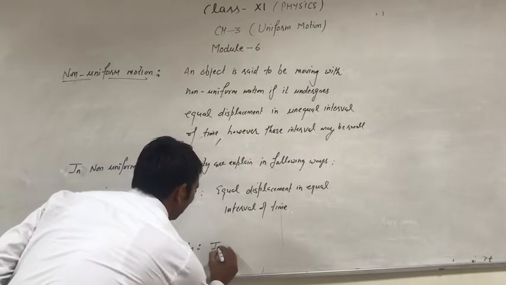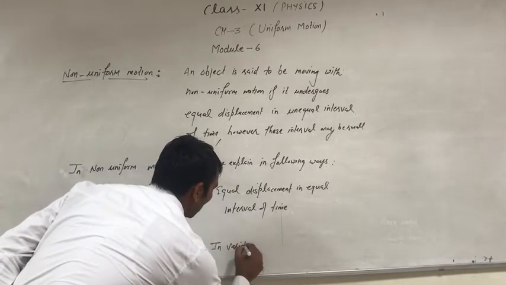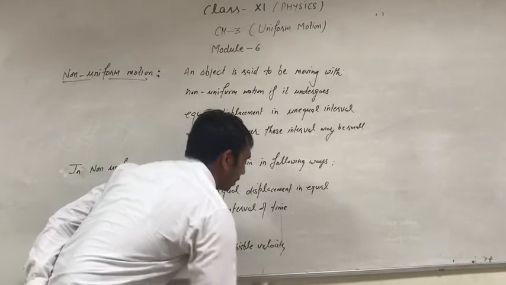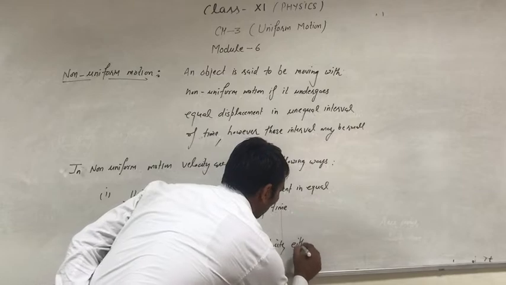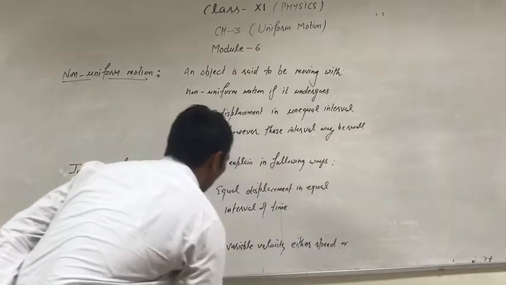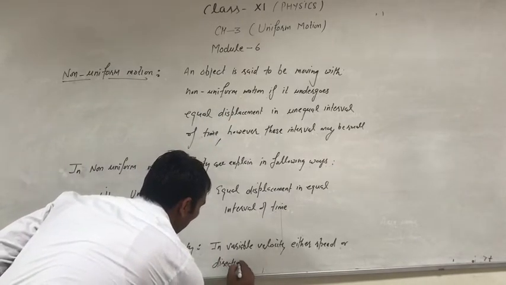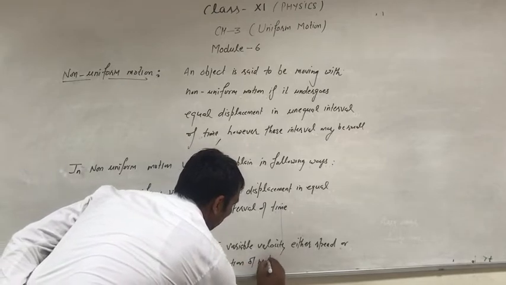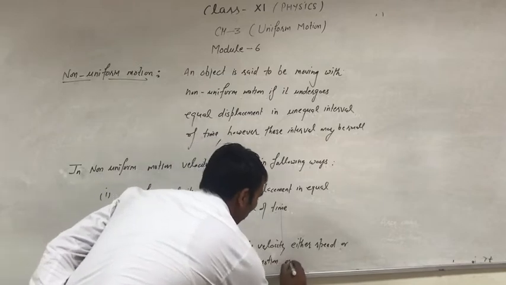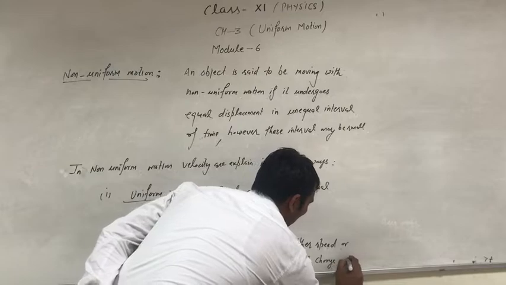In variable velocity, either speed or direction of motion, or both, change with time.